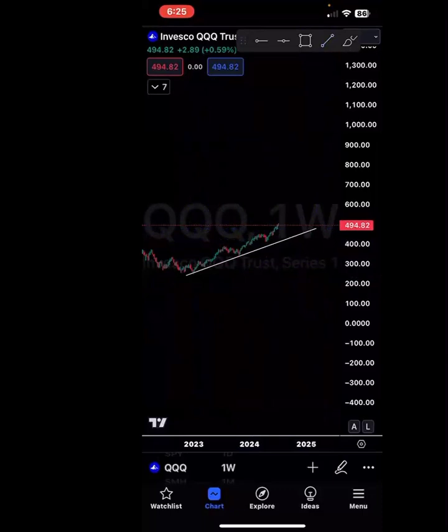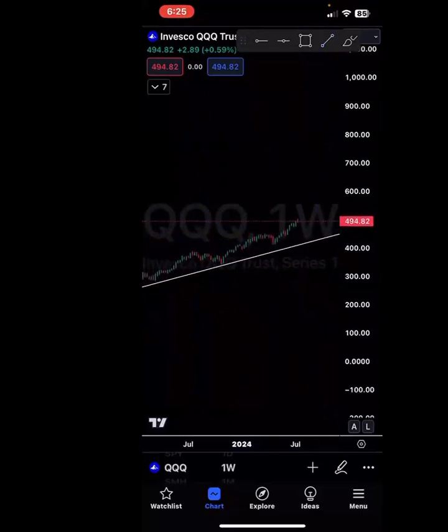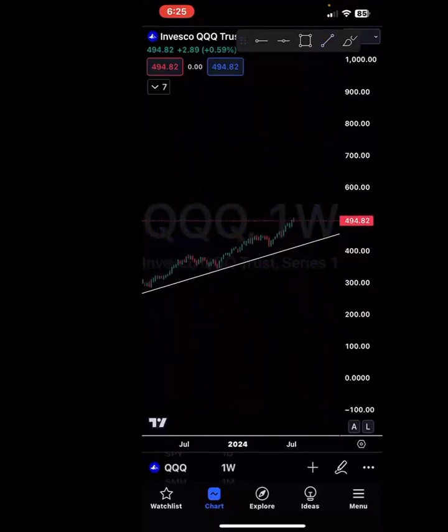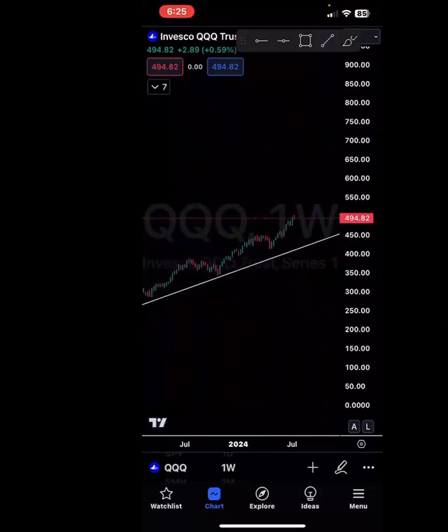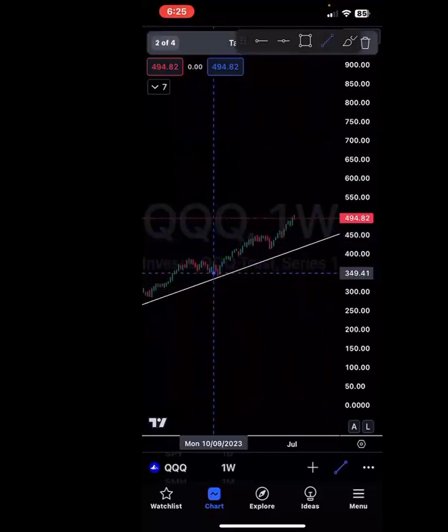Once I find it, now it's time for me to go in and see if I can find closer near-term trend patterns. I really don't like horizontal patterns.